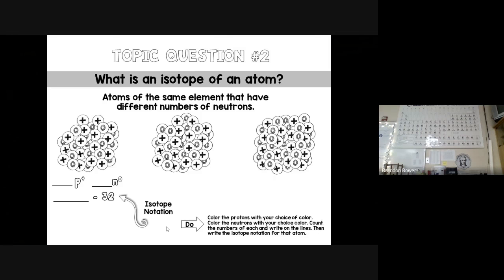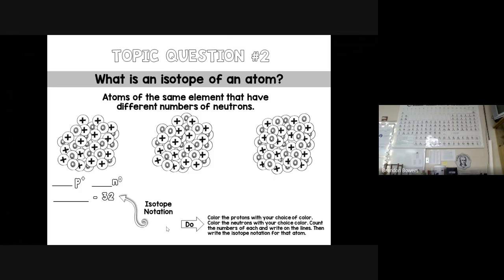Okay, so if you count up how many positives, you don't have to color them, how many positives is in this guy right here on the left? You can count on your paper. I'll count up here. I got 16. Is that what you guys got? So 16 positives.